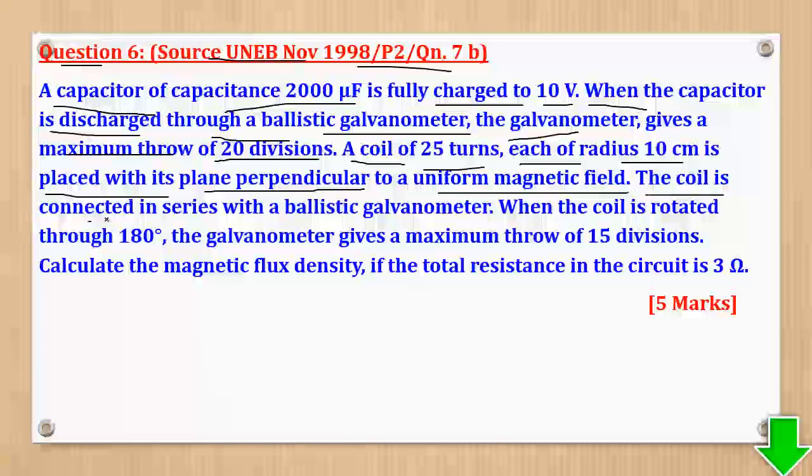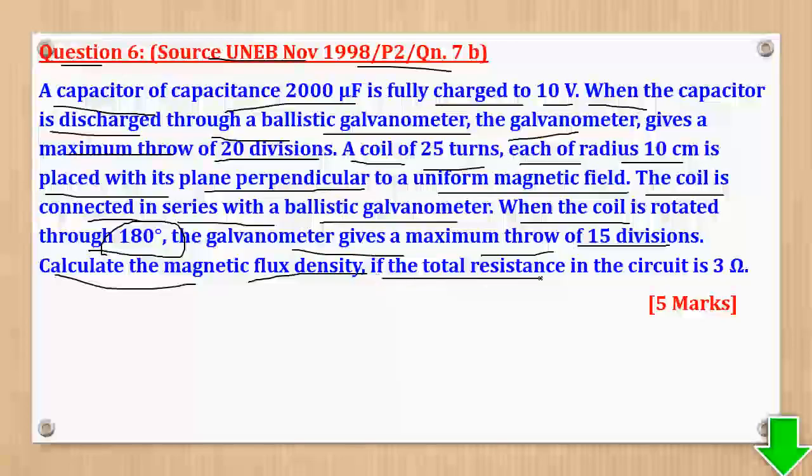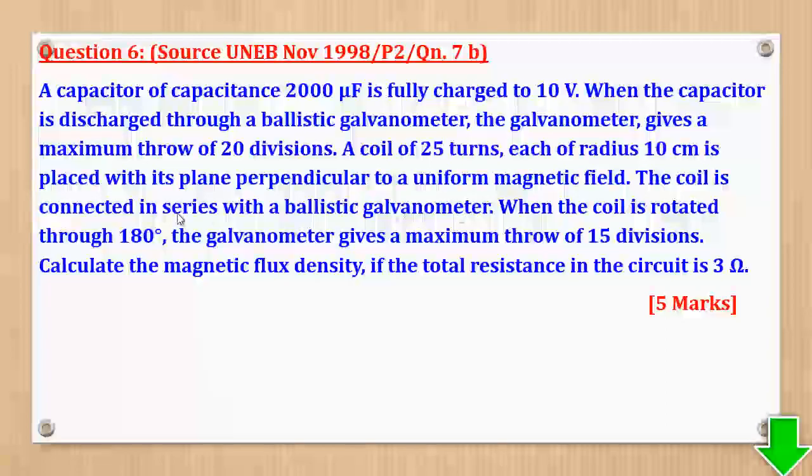The coil is connected in series with a ballistic galvanometer. When the coil is rotated through 180 degrees, the galvanometer gives a maximum throw of 15 divisions. Calculate the maximum flux density if the total resistance in the circuit is 3 ohms.